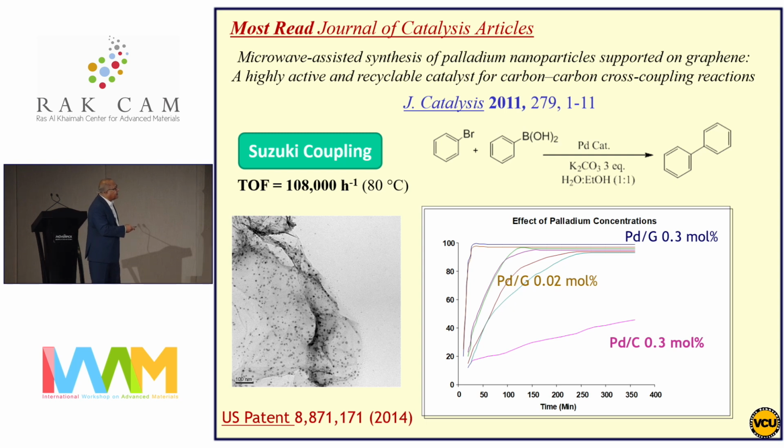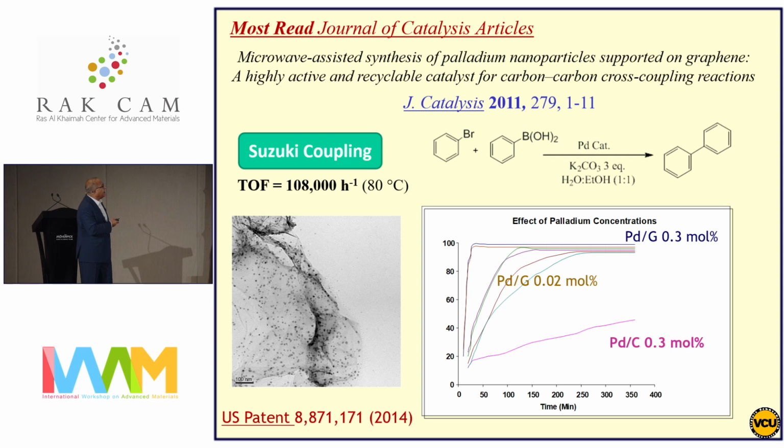At the same time, with the same concentration of palladium nanoparticles but on carbon black, it takes hours and it will never reach even 40 or 50%. So the question at the time was, you have palladium nanoparticles in both cases. You have carbon-based support in both cases. Why does the catalyst supported on graphene-based material or reduced graphene oxide show this very high activity?